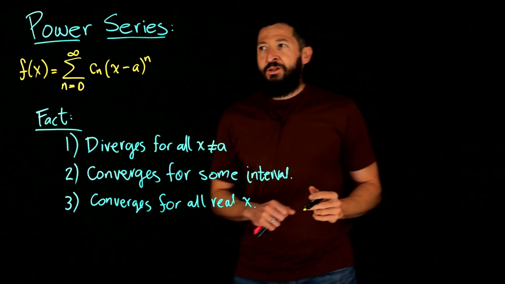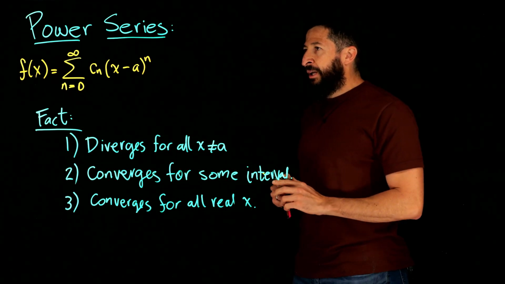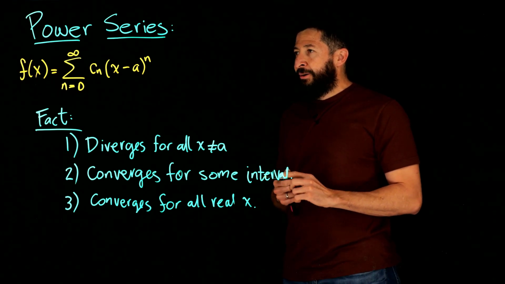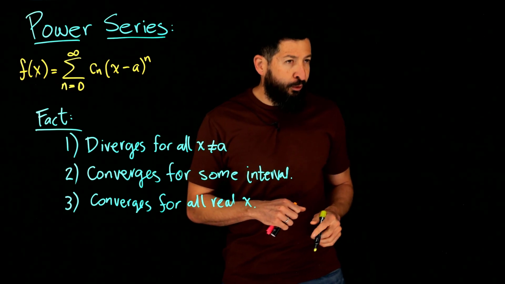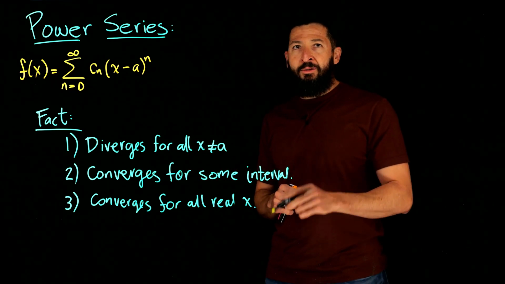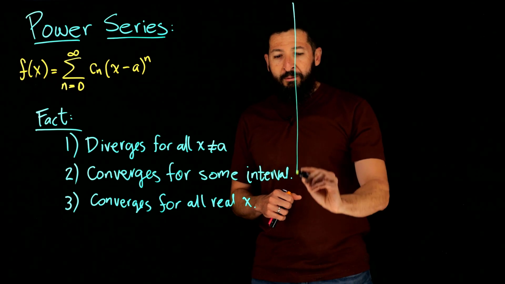So those situations can happen, and we're going to try to figure out how to determine when a function will converge. Let's start with some examples, because that's probably the easiest way to do it. Let's start with some very easy ones.